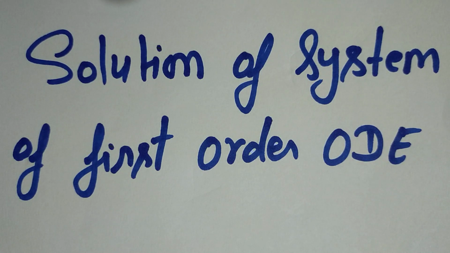In this method, we are going to find the eigenvalues and eigenvectors of a given matrix, so please refer to my video on eigenvalues and eigenvectors of a given matrix. Let us see what a system of first order ODEs is. First I will explain the working procedure, then we'll go for the example.